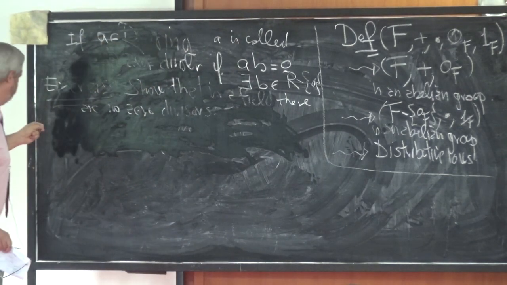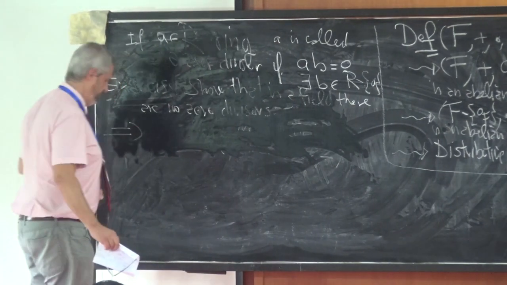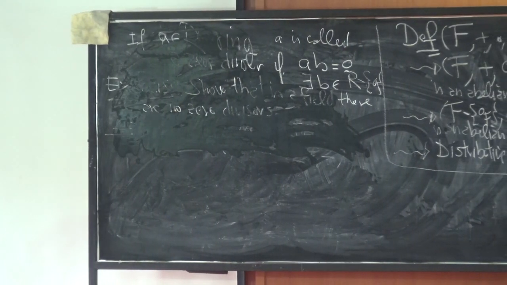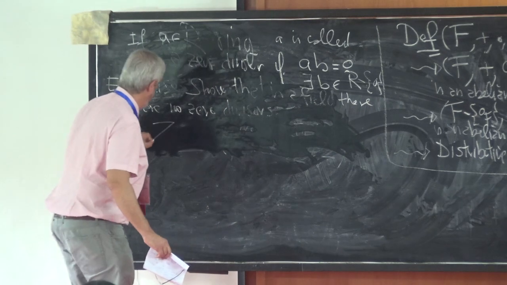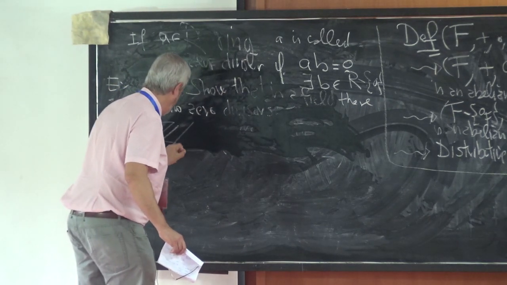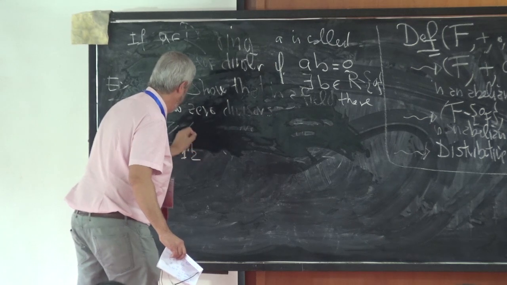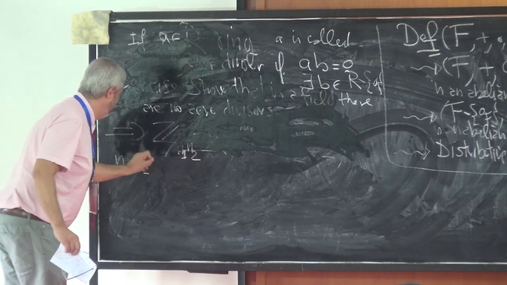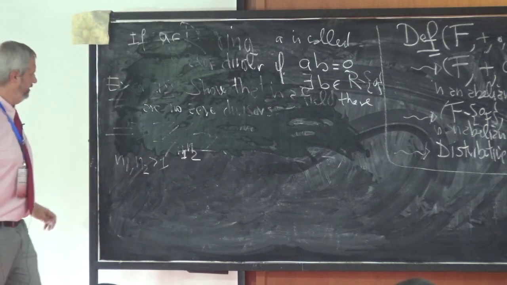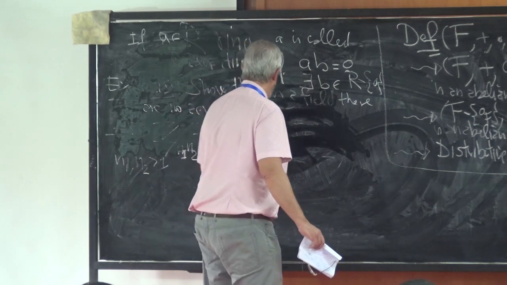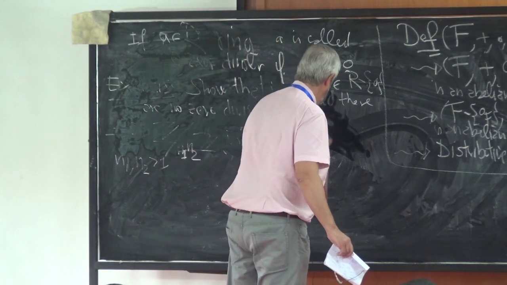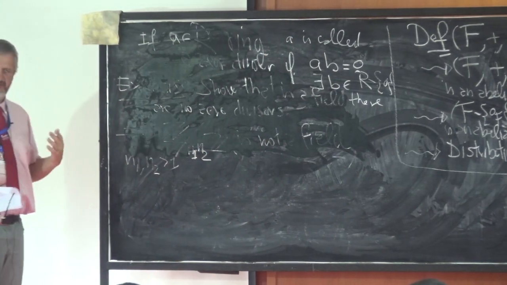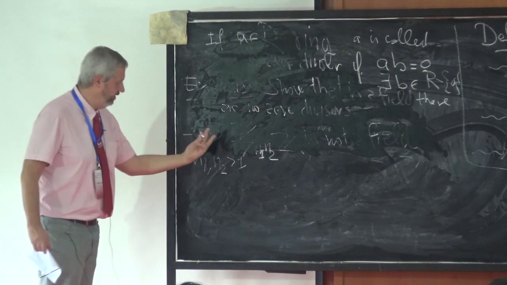Okay, so one of the consequences of this exercise is the following, that if you have Z mod n1 times n2, with n1 and n2 bigger than 1, okay, this is not a field. And there are two, or better, one zero divisor right in front of our eyes here.